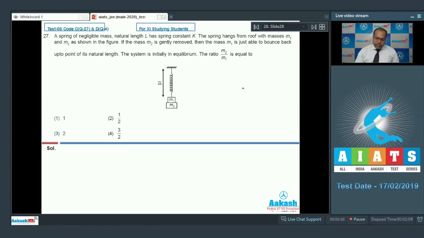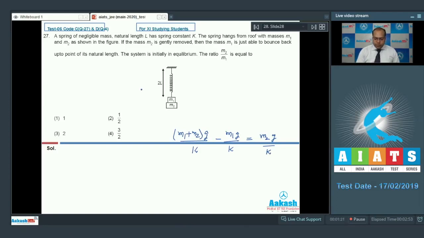So if I see the extension from the natural length, then in this equilibrium position, it can be written as M1 plus M2 into G by K. So if mass M2 is removed gently, then the extension from the natural position will be M1G by K. So it comes out to be M2G by K.